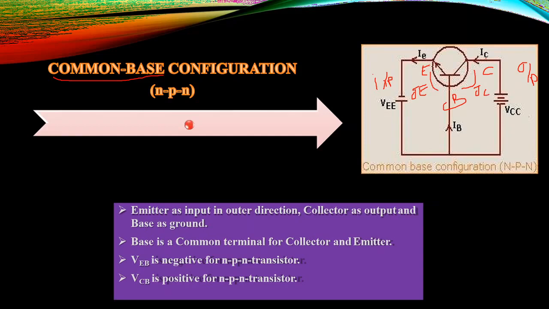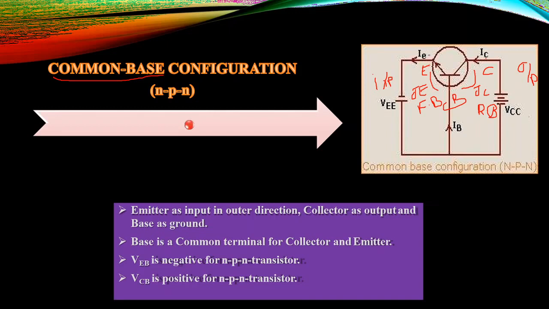In order to operate in active mode, the condition is that the JE junction should be forward biased and the JC junction should be reverse biased. Then only is the transistor said to be operating in active mode or active region.